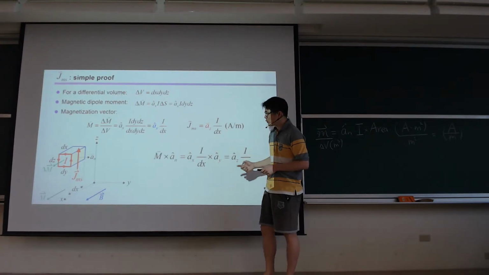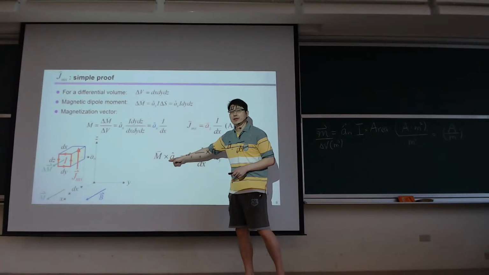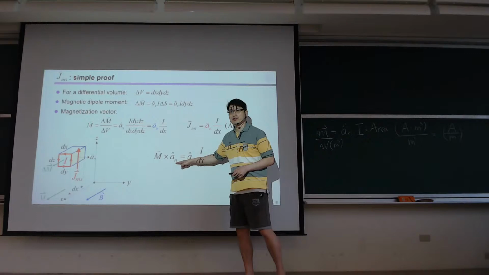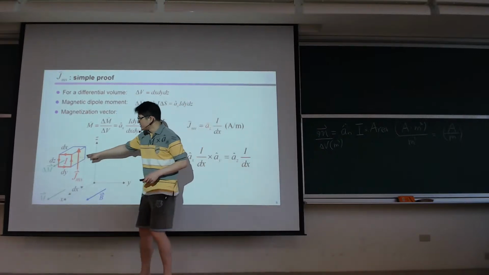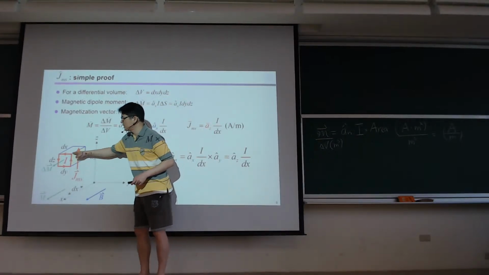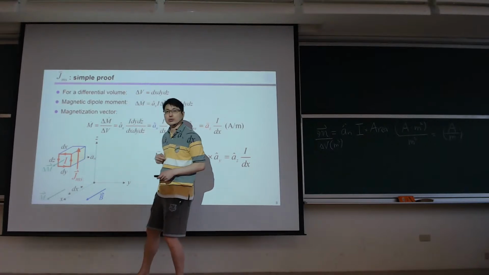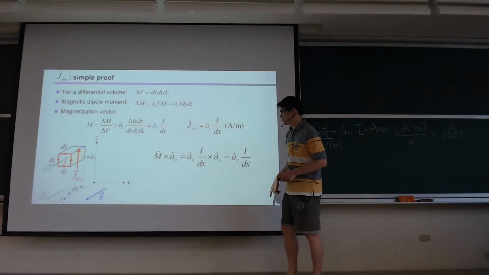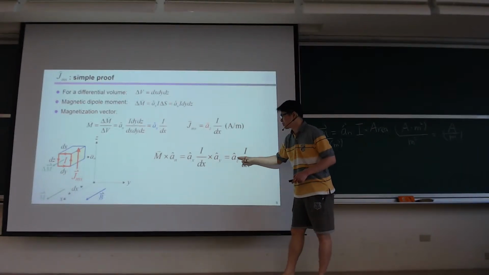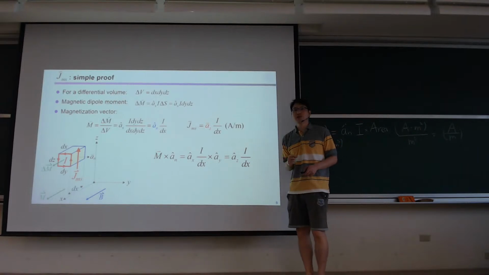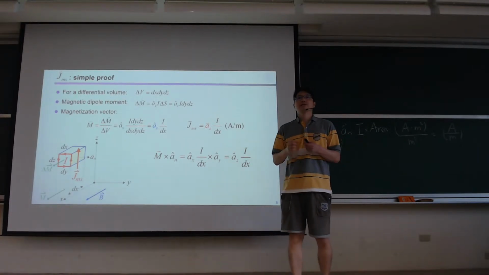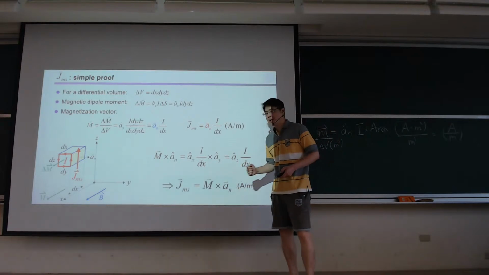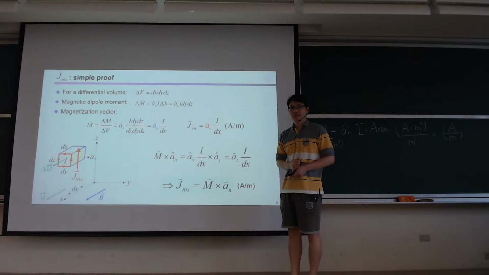But they will match once you perform the cross product of M with your surface normal. The surface normal for this yellow marked surface is pointing in the y direction. So x cross y is equal to z, and you don't have a change in the magnitude. So this is a simple verification for that mathematical formulation.